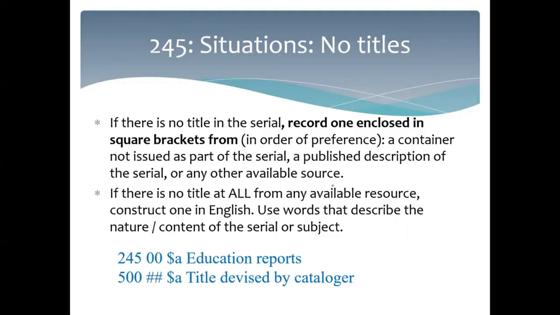But if you do need to construct a title, then make sure that you give some indication about where the title came from. And I would say the same thing if you're going outside the resource. If you have to go to the publisher's website to get the title of that resource, please, for the copy catalogers who will be looking at that record, by every kindness in your heart, put something on there to explain where that information came from.